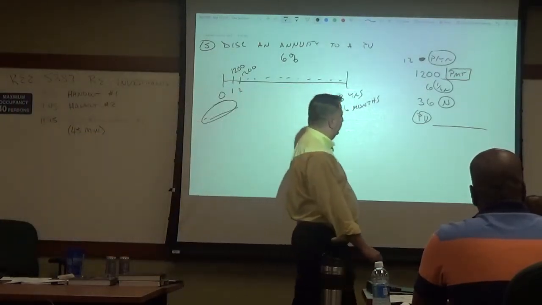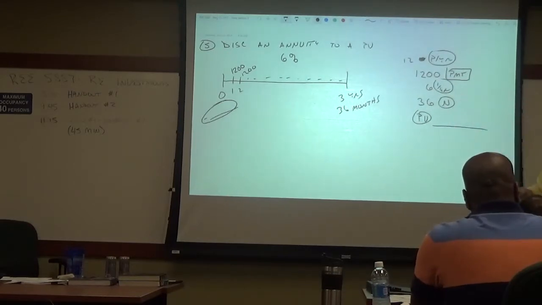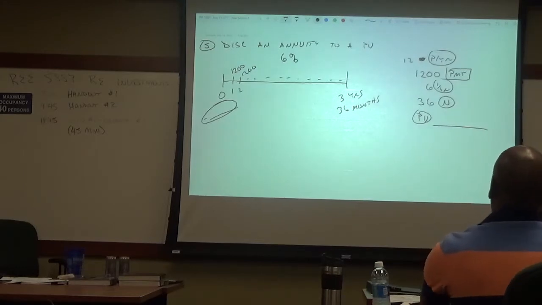Okay? You could have put this in as 3 shift N, but in this case I simply said it's now 36 N, or 36 months.